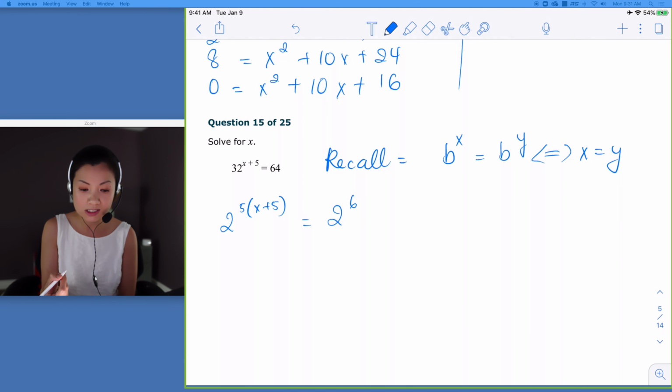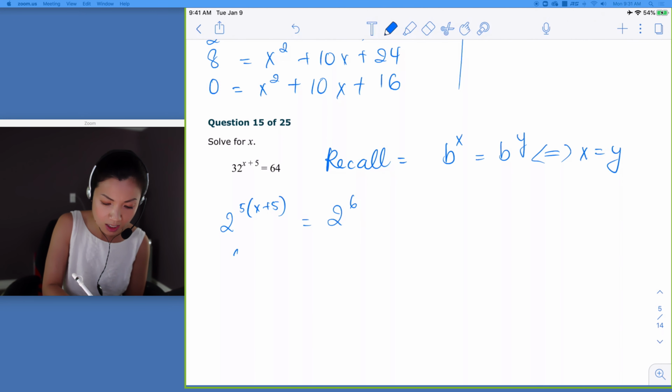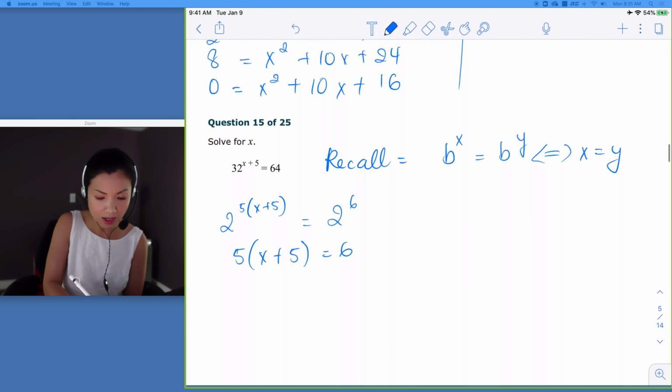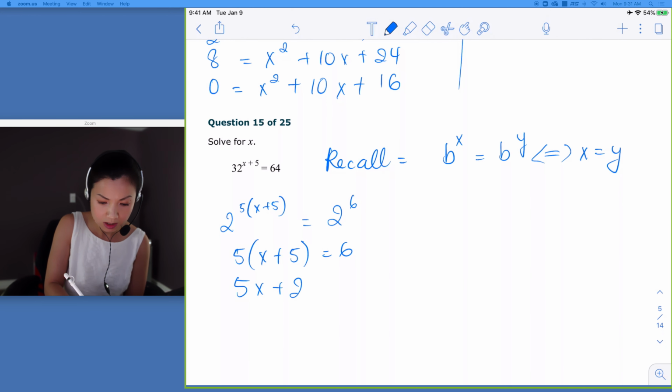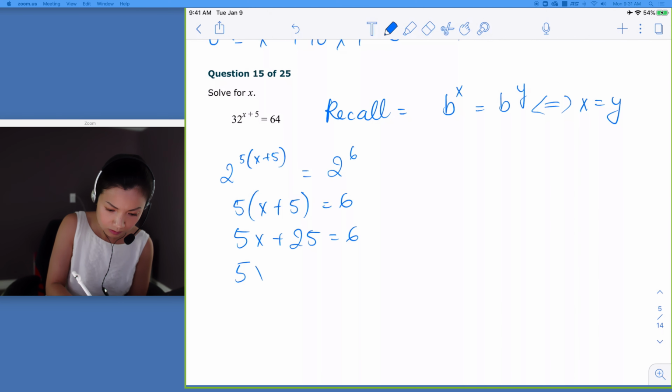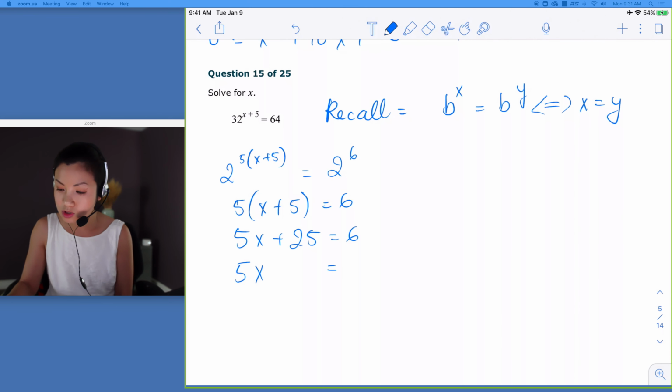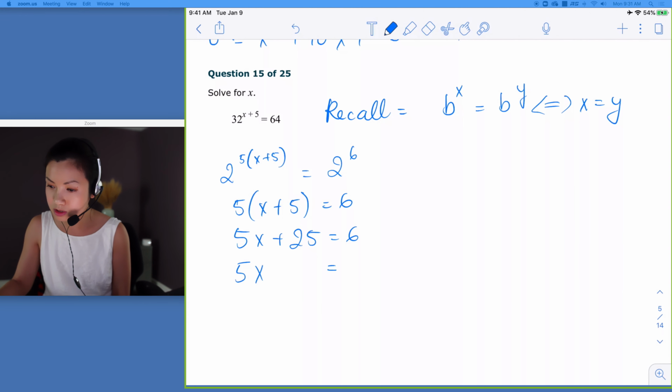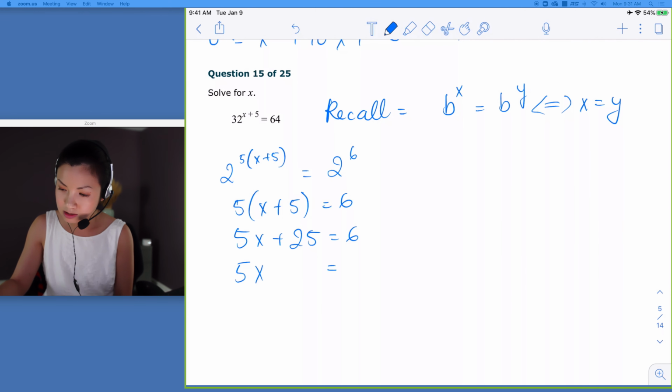Once you have the same base, you can just drop the base and then just solve the exponents. So I have a linear function. You just proceed as usual, pretty much as a linear function.